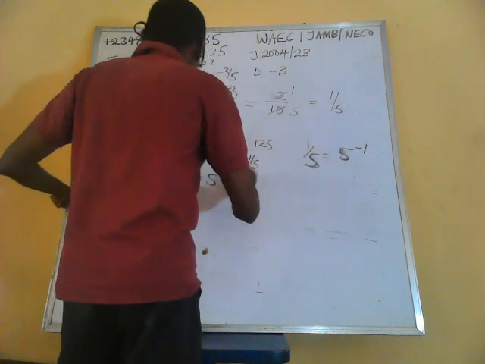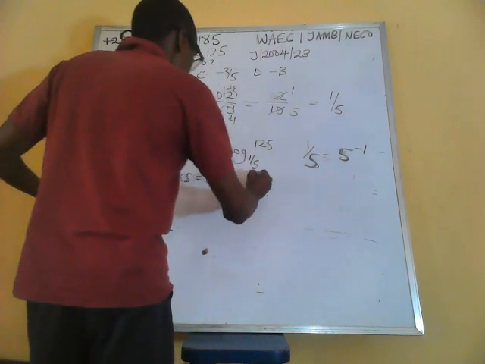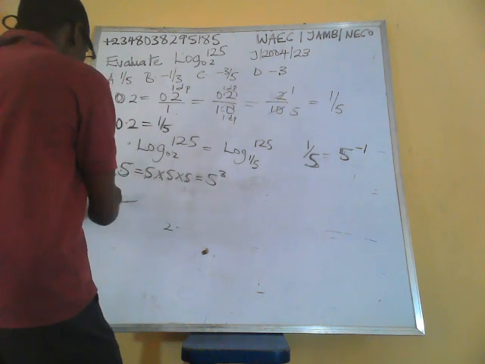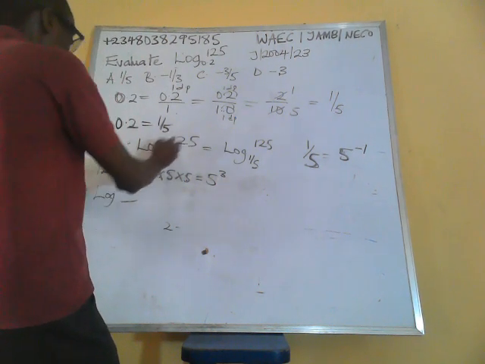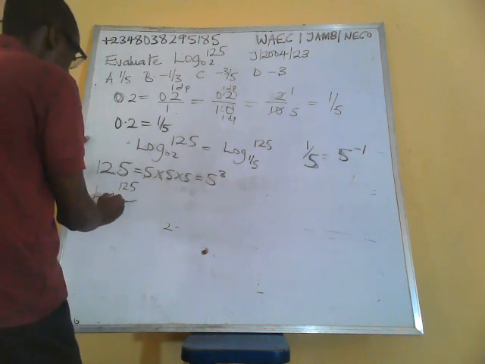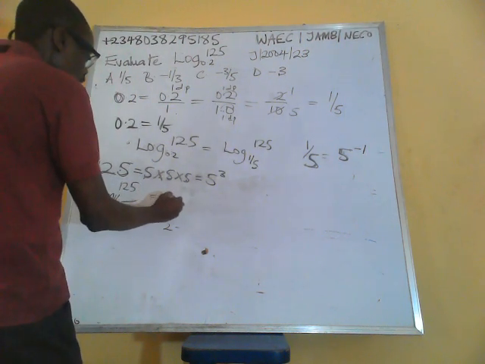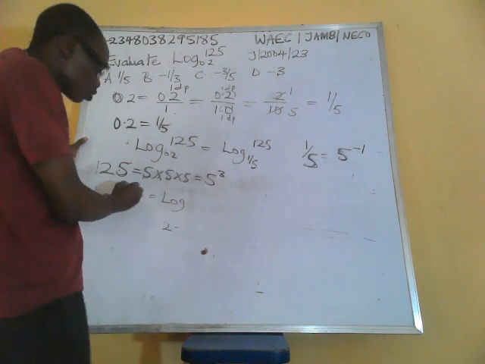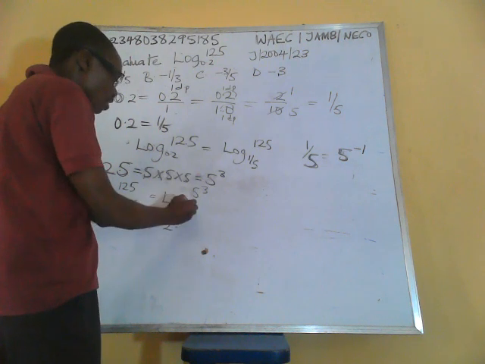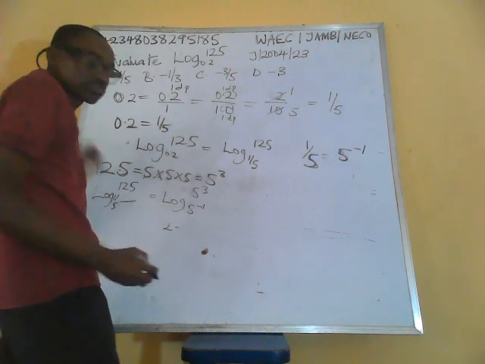So we have that the log of 125 to base 1 over 5 is the log of, for 125 we have 5 raised to power 3, for 1 over 5 we have 5 raised to power minus 1.